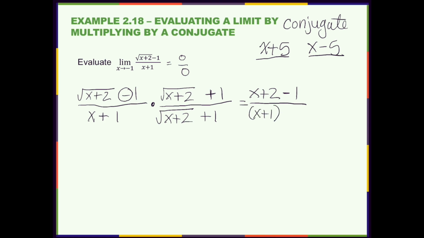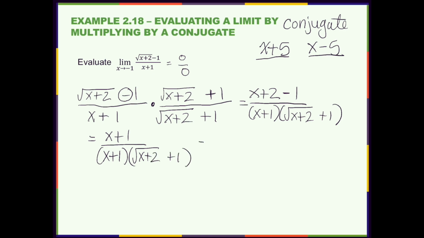Now, if I multiply across the bottom, I'm left with x plus 1 times the square root of x plus 2, and then on the outside plus 1. Now, when I simplify the numerator, I can combine the 2 and the -1, so that's going to give me an x plus 1 in the numerator, and on the bottom I'm left with x plus 1 times the square root of x plus 2 plus 1.